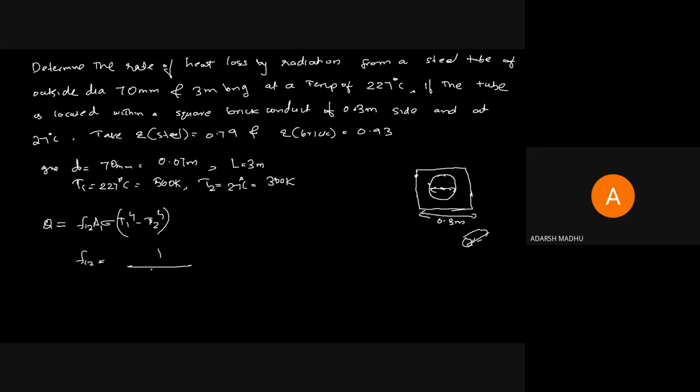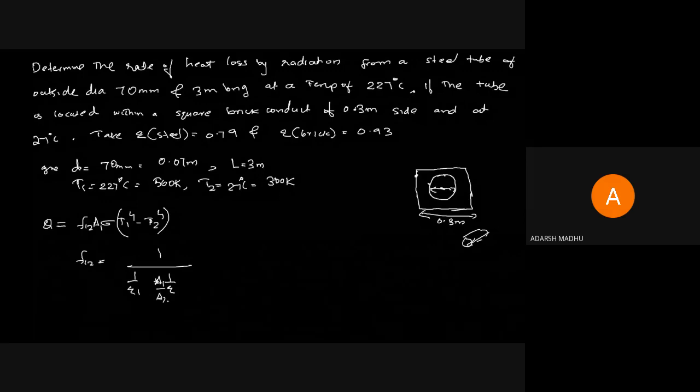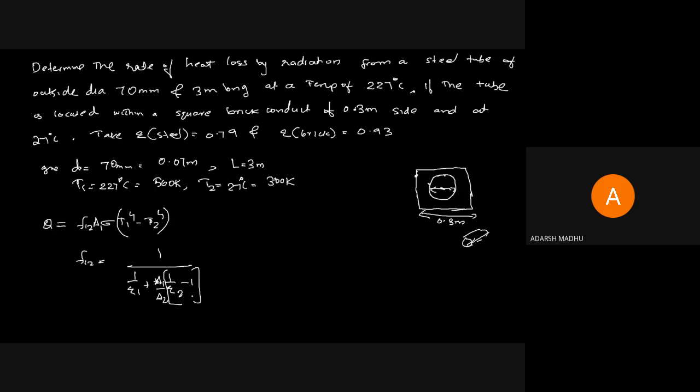F12 is 1 divided by 1 by epsilon 1 plus A1 by A2 into 1 by epsilon 2 minus 1. Okay. That is the F12 value. Epsilon 1 is given and epsilon 2 is also given here.